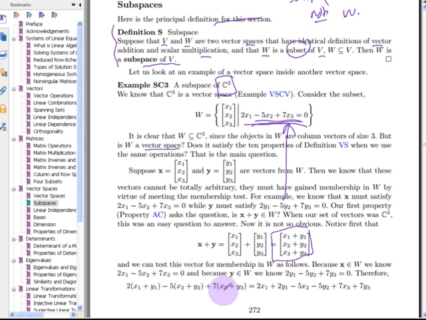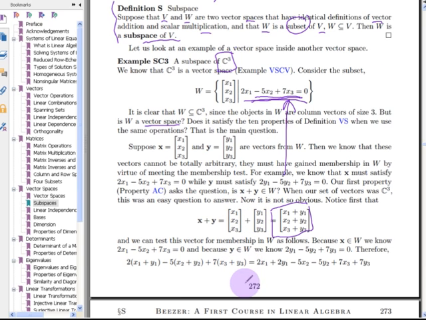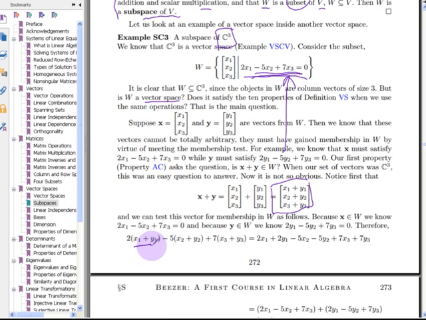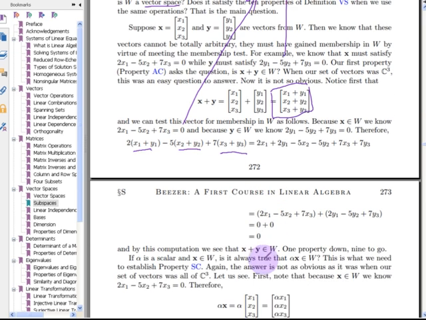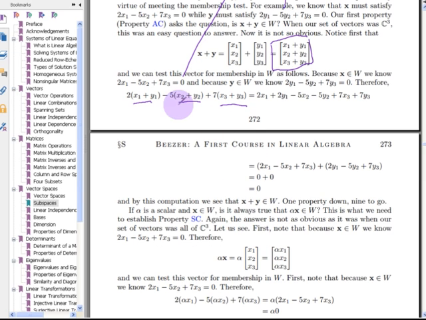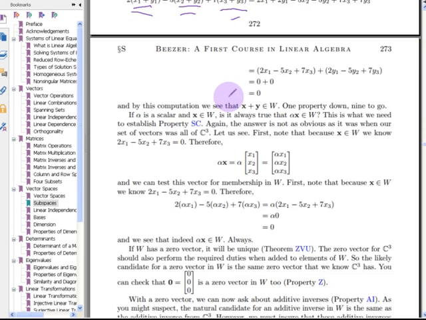You can do that by using associativity and commutativity, and show that the sum of two vectors will also satisfy a homogeneous relation if the two vectors individually satisfy a homogeneous relation. You work this out here. He's plugged in x1 plus y1, x2 plus y2, x3 plus y3 into this homogeneous relation. And then by rearranging, he shows that, in fact, this sum of vectors also satisfies the homogeneous relation.